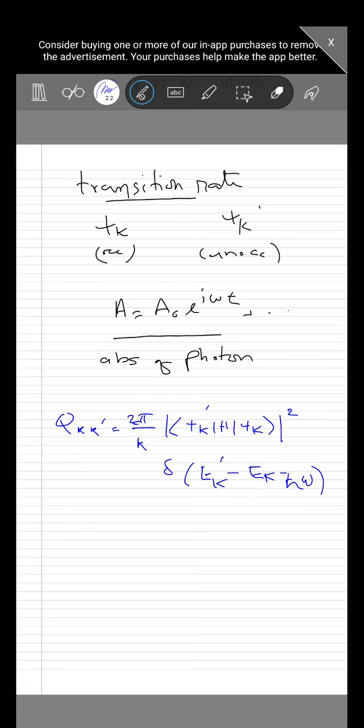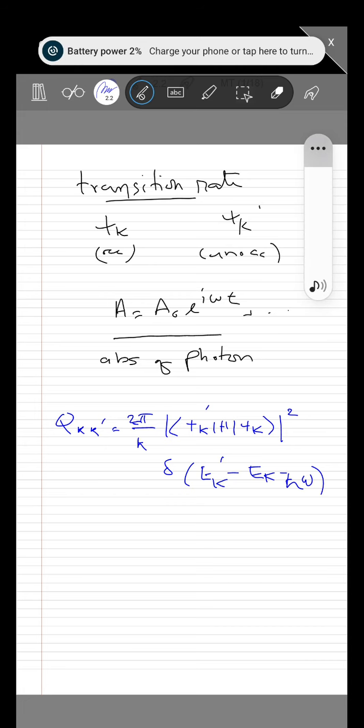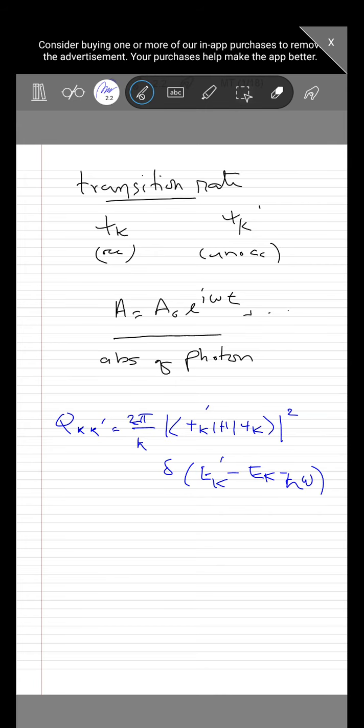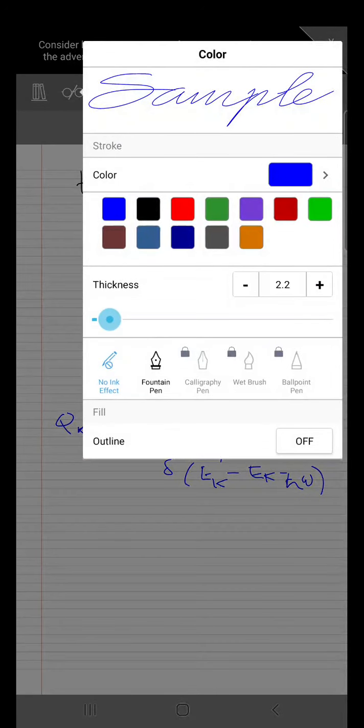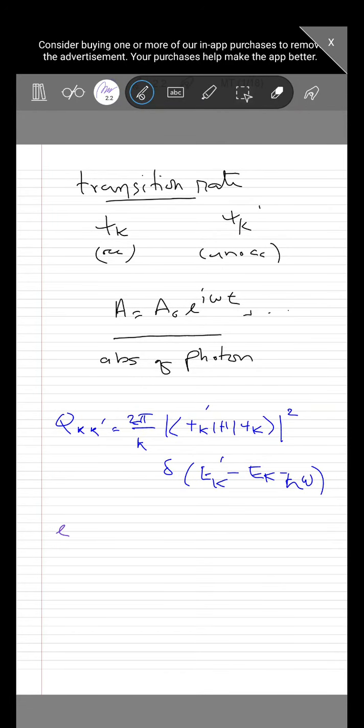Now the energy absorbed per unit volume as a result of this transition is given as h cross omega times Q k k dash.